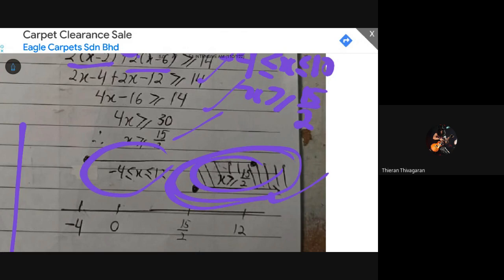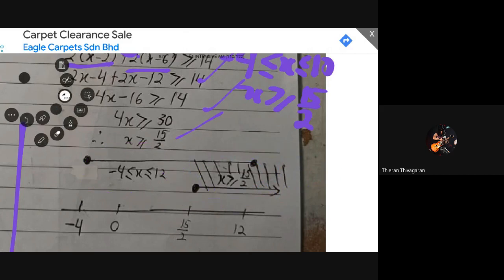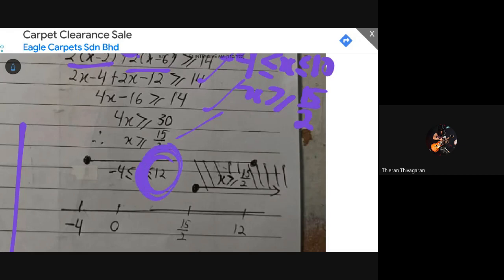If you realize guys, kalau kamu sedar, do you realize you have a limit over here? Kamu ada limit kat sini tau. Nombor tu tak boleh pergi lebih besar dari 12. It cannot go greater than 12. And can you know this value is actually 7.5? Kalau kamu kira yang ni 7.5, maksudnya lebih kurang dari 12.